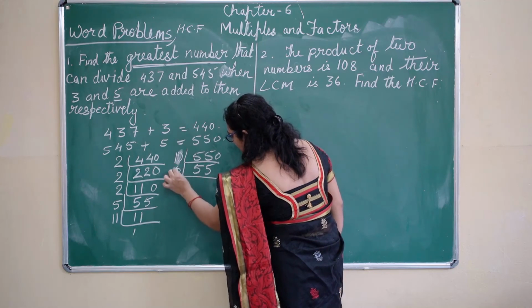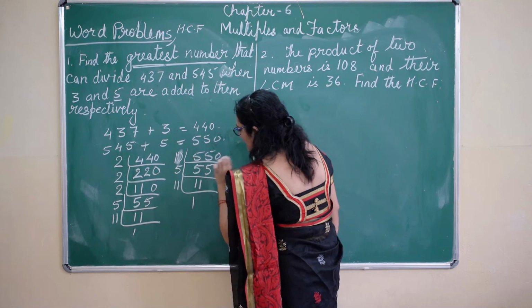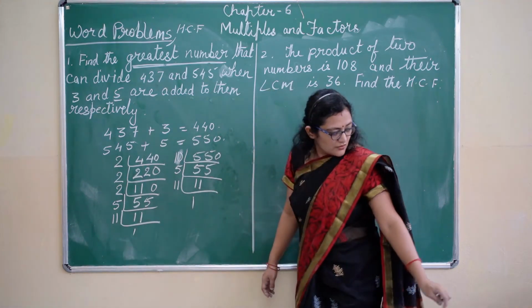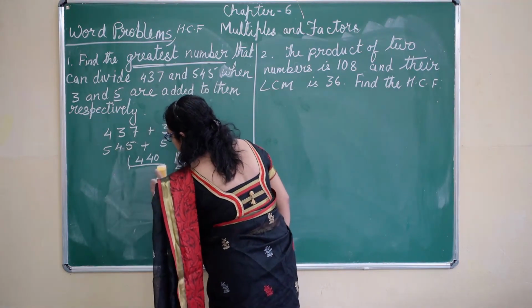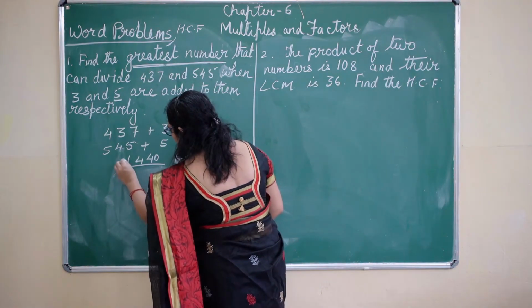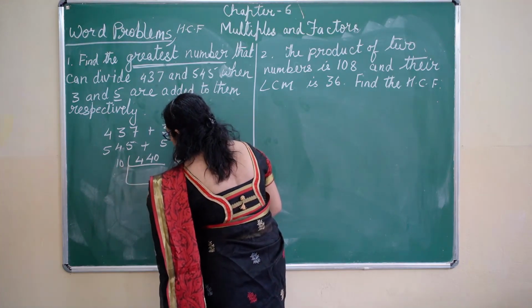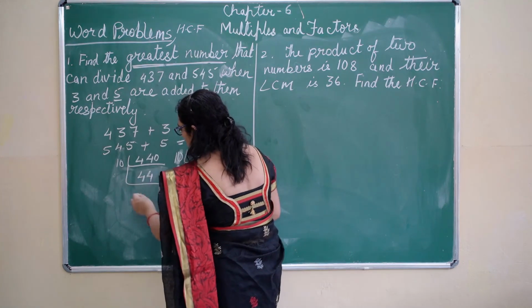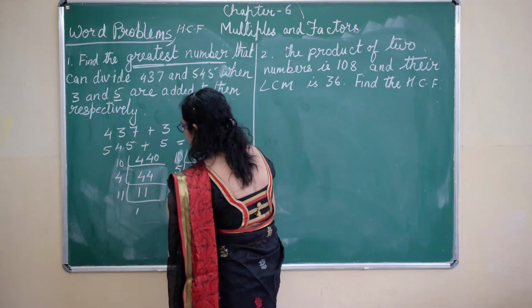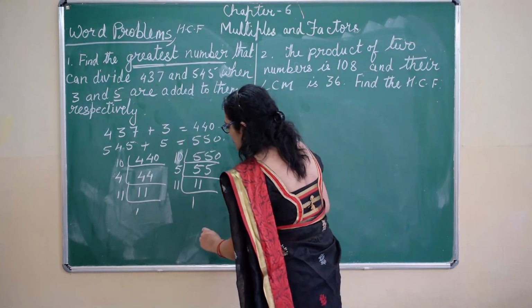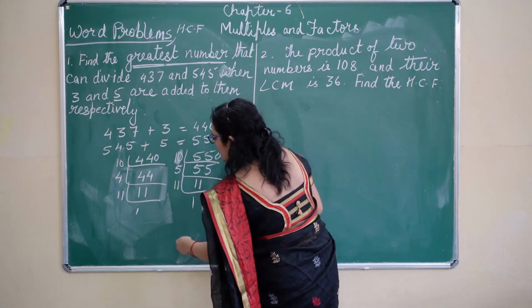Then in the table of 5, 55 comes 11 times, then 11 ones are 11. The same way you can do 440 also. I'll show another method. Directly also you can do. 440 you can divide by 10, and you will get 44. Then 4 11s are 44, and 11 ones are 11. Like this also you can do. And with the smaller number also, with the 2 also you can do, which is easy.